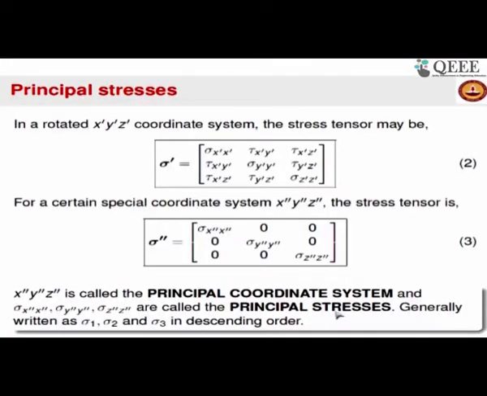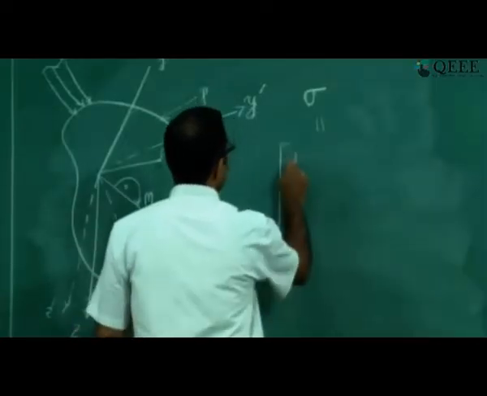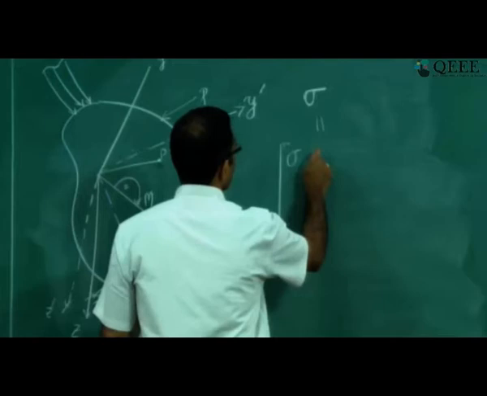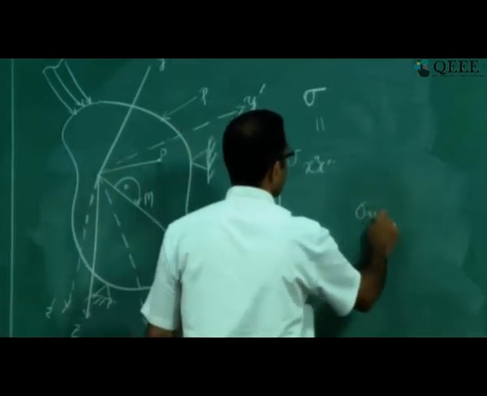So one of the things that we need to understand is that stress is a physical quantity that requires a coordinate system, and the components will change when you change the coordinate system. There is one specific coordinate system which, when you choose it, so happens that your shear stresses completely vanish.